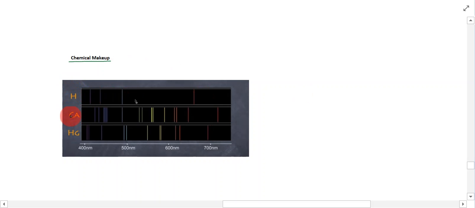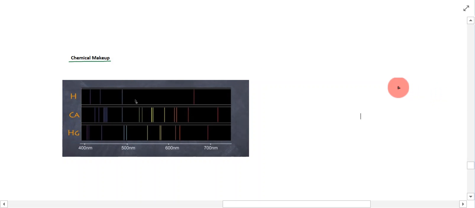So if we have a look here, what we're looking at are the spectra for three different elements. So we've hydrogen, and here, this is hydrogen, this here is calcium, and this element here is mercury. Now these are what are known as emission spectra.